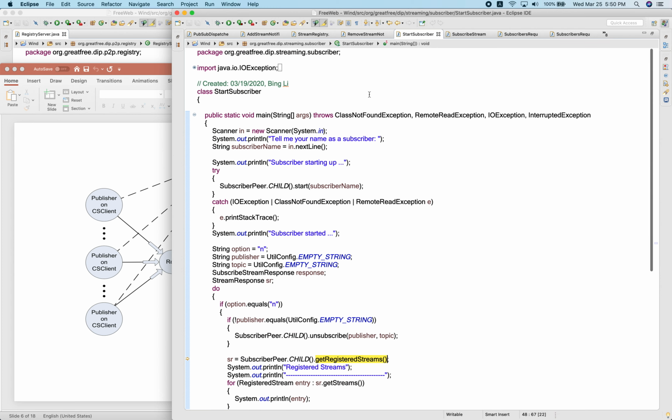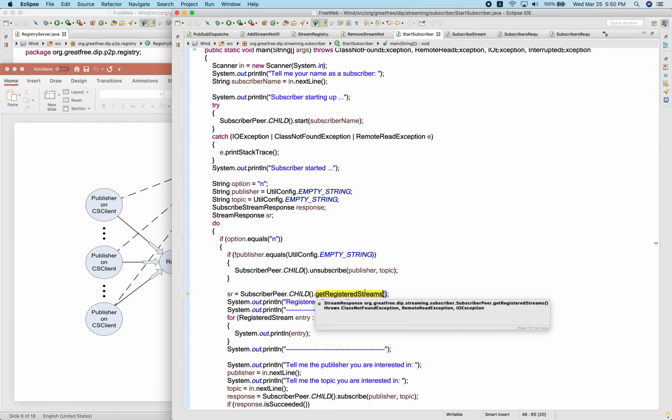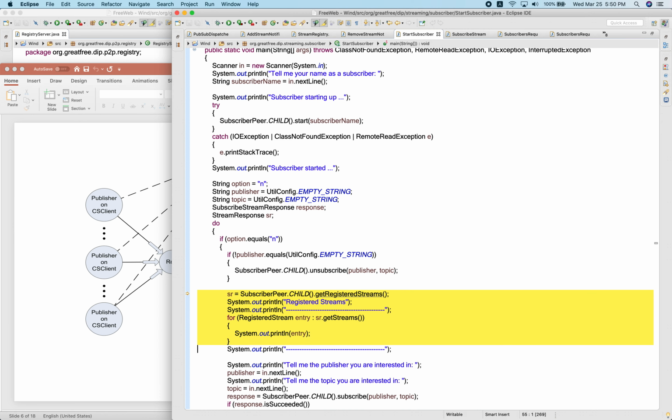This is the subscriber. After this request is sent to the pub sub server, all the registered streams are displayed on the screen. Then, according to this information, the subscriber can select one of the streams that he is interested in and then perform the subscription.